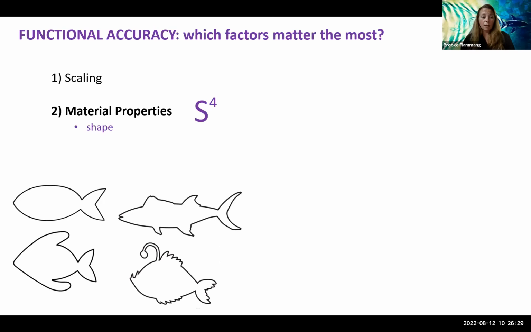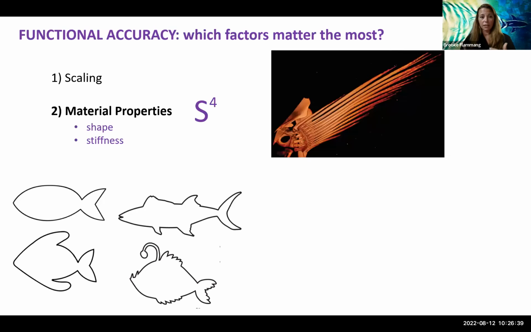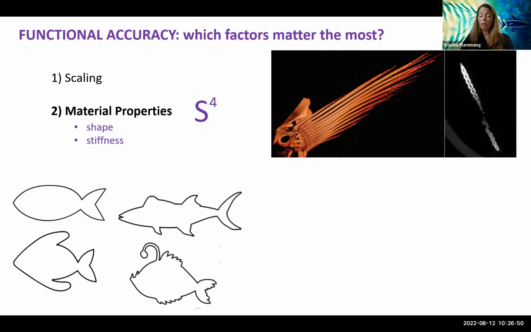The next thing is stiffness. When you have a model or an organism interacting with the environment around it, the way that it yields or doesn't when in contact with that environment is going to be important in the forces it produces. You can get a lot of the stiffness information that you need in many cases from things like CT scans. The CT scan of this fin right here not only tells me things like the overall area of the fin and the length of the fin rays.